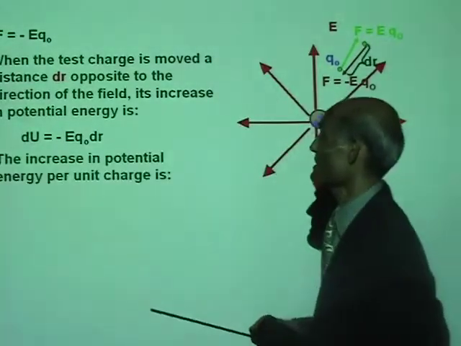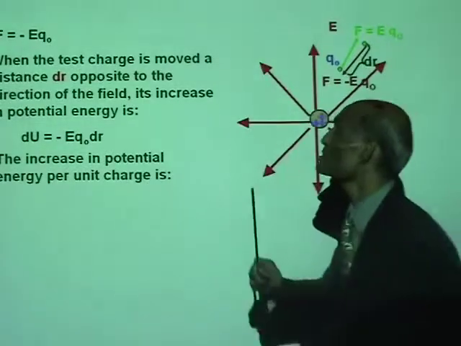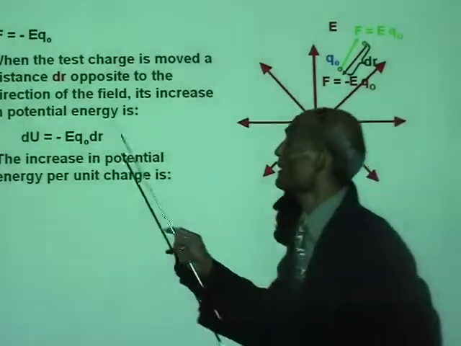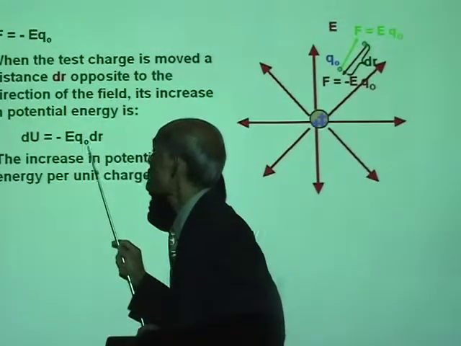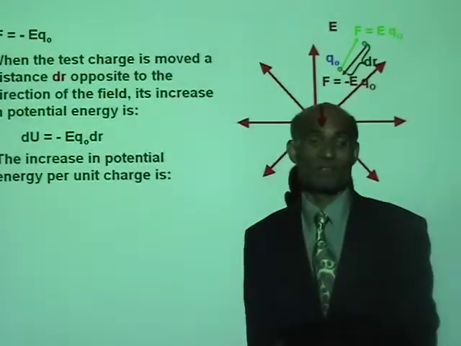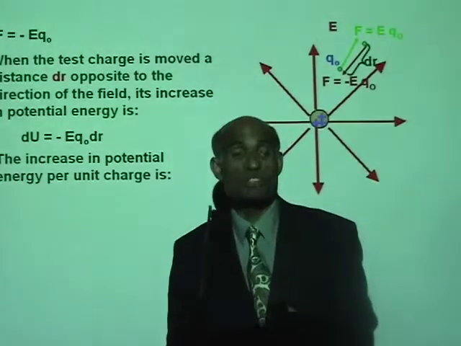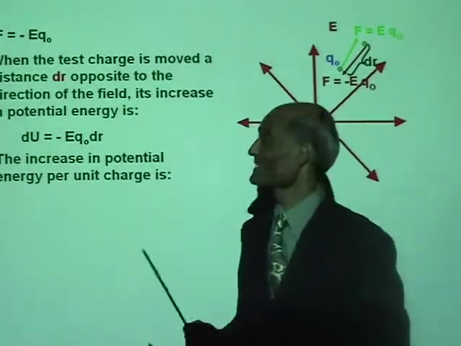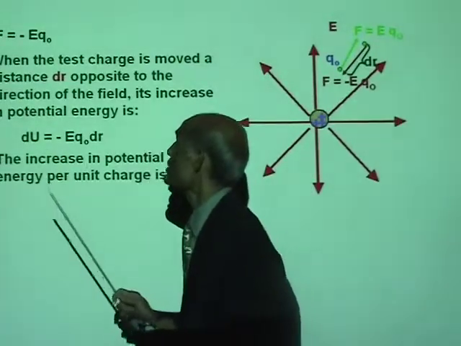and that is a measure of the increase in potential energy. Now, the increase in potential energy per unit charge. Now, this is the increase in potential energy of a test charge Q0. Therefore, can you tell me, what is the increase in potential energy per unit charge? All we need to do is divide both sides by Q0.